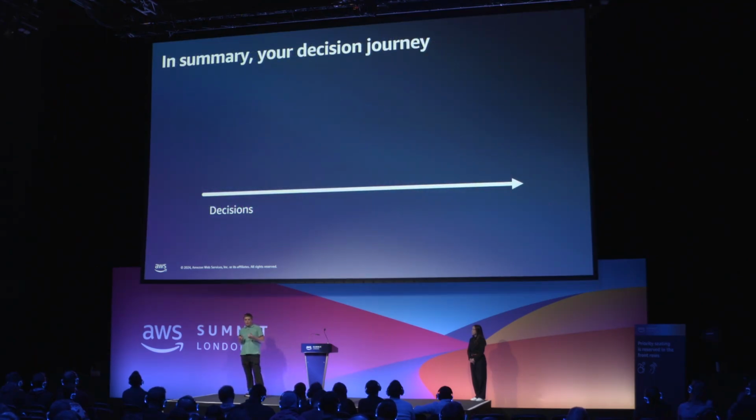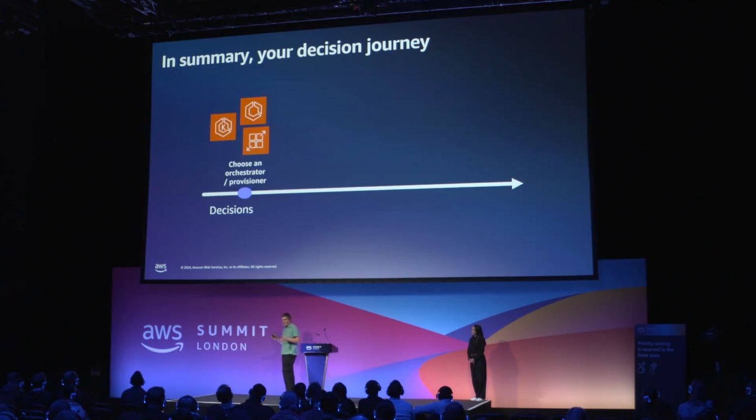So what might your decision journey look like when you approach containerization or maybe a migration journey? The first decision point, once you've defined your core tenets, your core architecture principles, is going to be picking a provisioner and an orchestrator. As we said earlier, this is going to influence future decisions down the line.